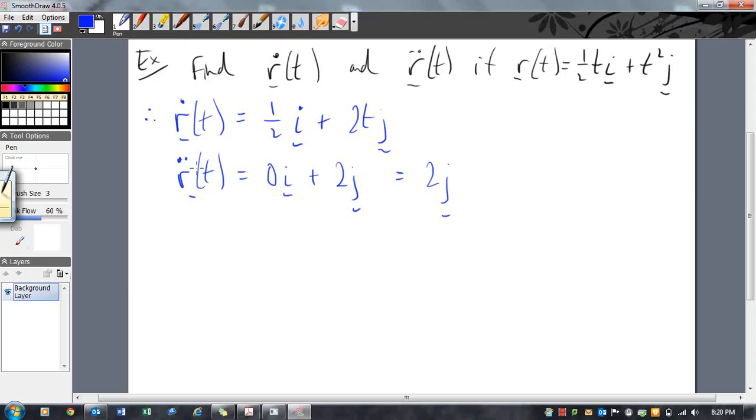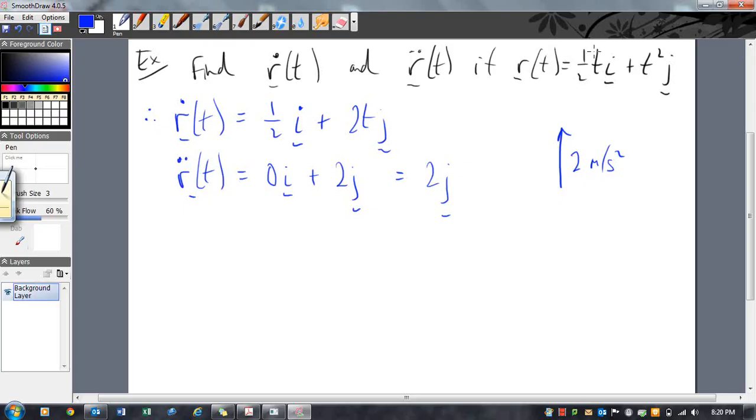That's my acceleration function. What does that tell us? It tells us there's constant acceleration upwards, if j is upward, which it normally is. I don't know what might do that, a rocket or something might have constant acceleration in an upwards motion, of 2 meters per second squared, if that were our unit. Okay, so that's how to do it.